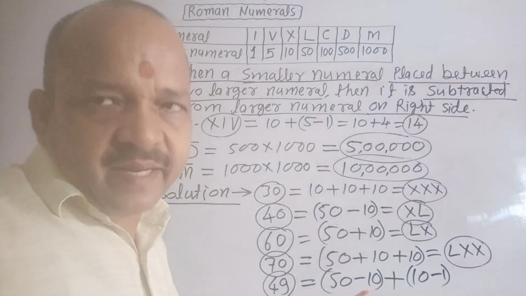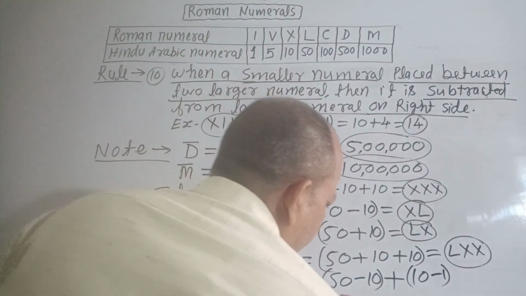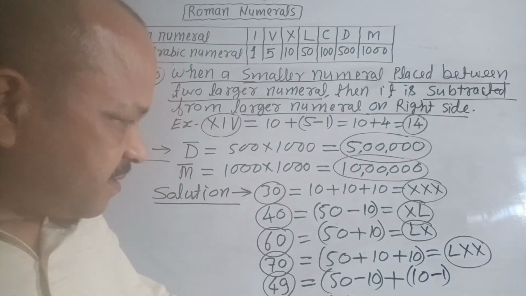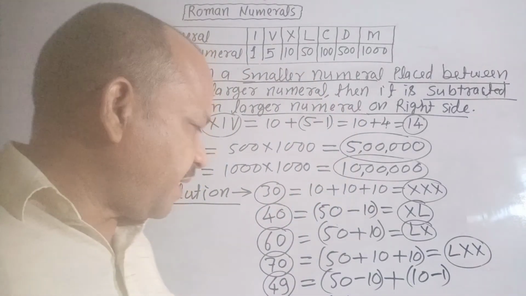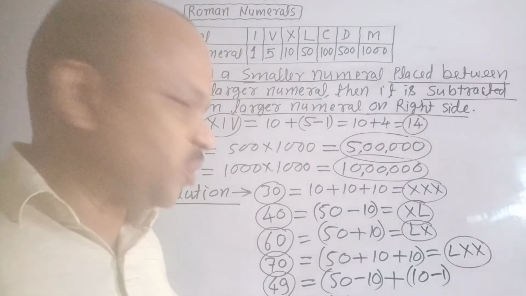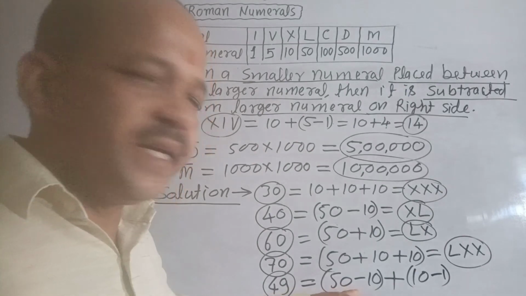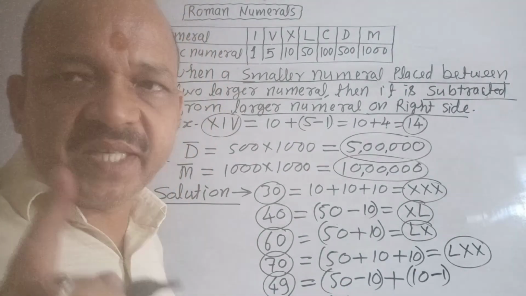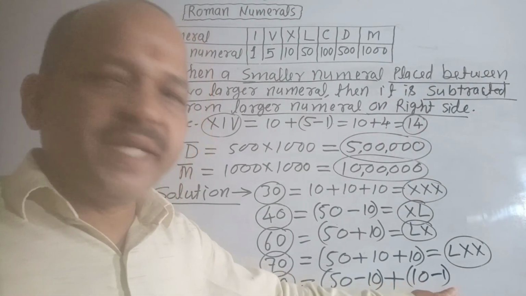You can write here 50 minus 10 means XL. Here L is larger, X is smaller. Smaller numeral on left of larger numeral. So you subtract it according to rule. 50 minus 10, XL. Clear? It becomes 40. Clear? Next 10 minus 1.